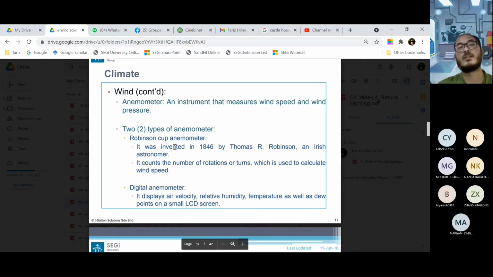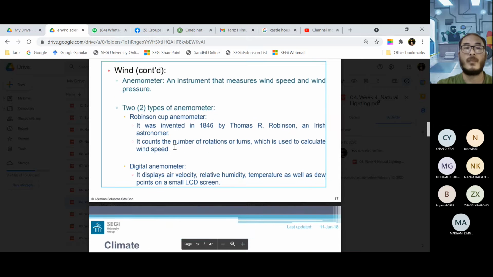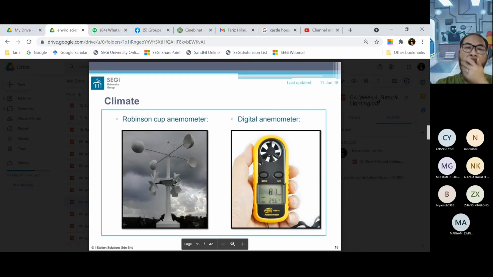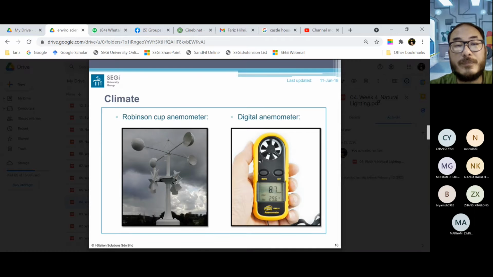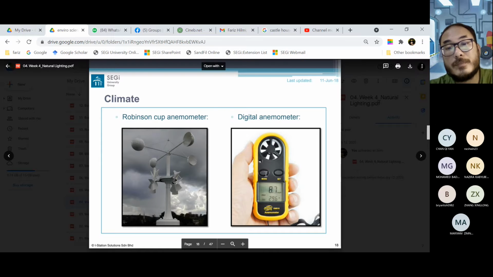An anemometer is the instrument that measures wind speed and wind pressure. This is a Robinson cup anemometer, the old method to calculate speed. Now digital anemometers have been developed, which are very small. At the same time, you can check speed.